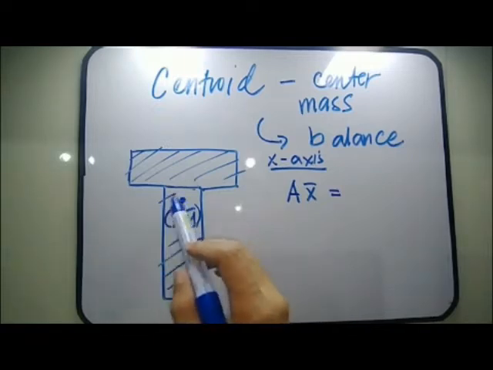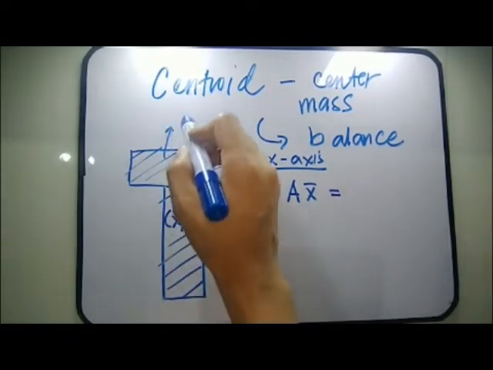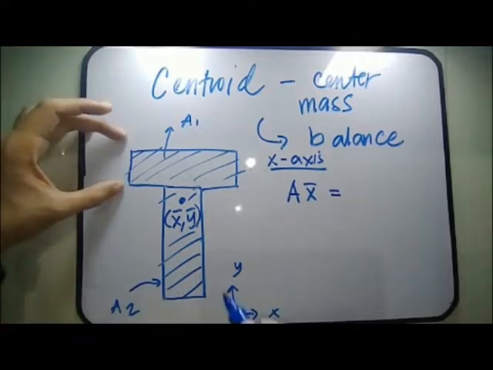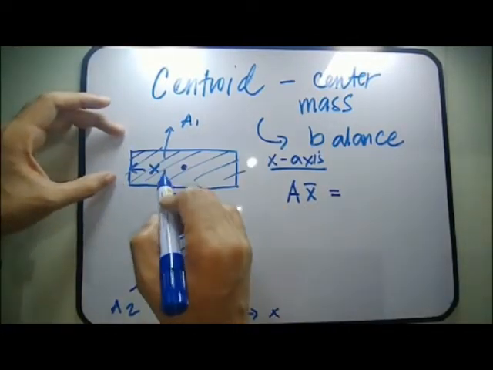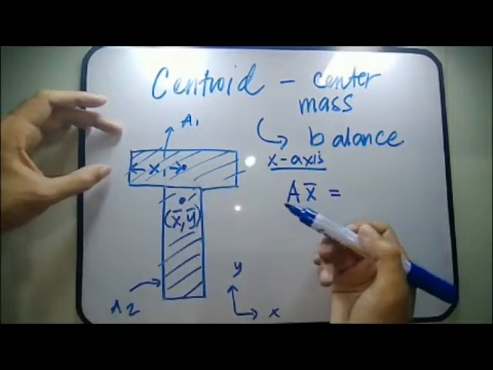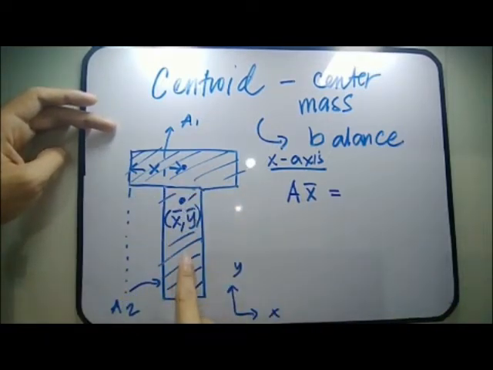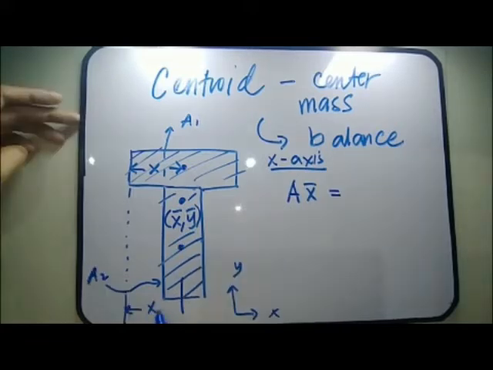So if this is a rectangle here, say this is A1 and A2 at the bottom, meron siyang centroid guys. Let's say x sub 1 at the x-axis. So x muna tayo, x sub 1. And you have A2, it also has a centroid represented by x sub 2.